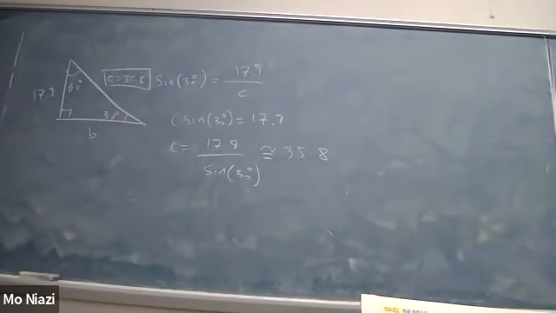Multiply both sides by 45.29, because then it will cancel here and show up here. And then that means b is approximately, when you plug it into your calculator, and your calculator is in degree mode, 38.41. So then you found b.